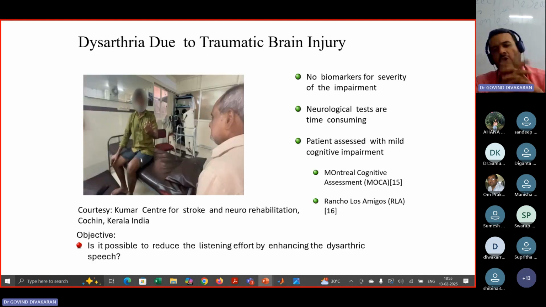Here, we met this particular patient who was getting treatment at a stroke or neuro rehabilitation center in Kerala. You can see Professor Suryakant there, who played the role of volunteer.